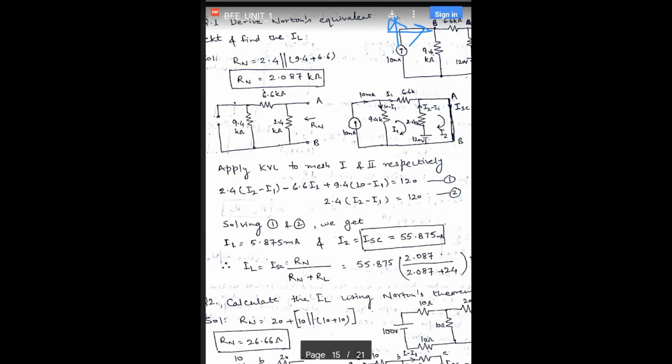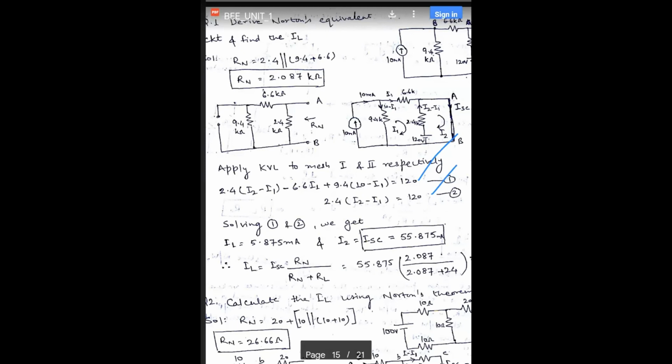So this is the second equation we have reached. There are two equations and two unknowns, I1 and I2. We will get the values in milliamperes because each and every calculation was in milliamperes, so we will get the desired results again in milliamperes.